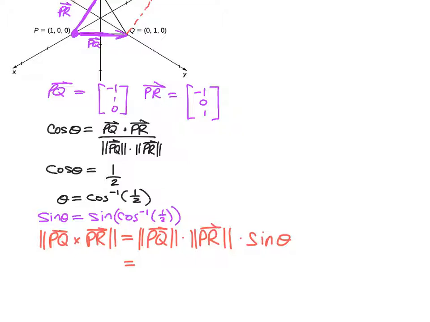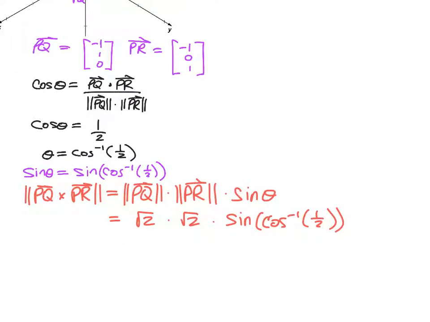So each of my individual magnitudes are radical 2, times the sine of the inverse cosine of 1/2, which you could just chuck in the calculator if you want. But ultimately, you'll have radical 2 times radical 2, which is 2, times radical 3 over 2.